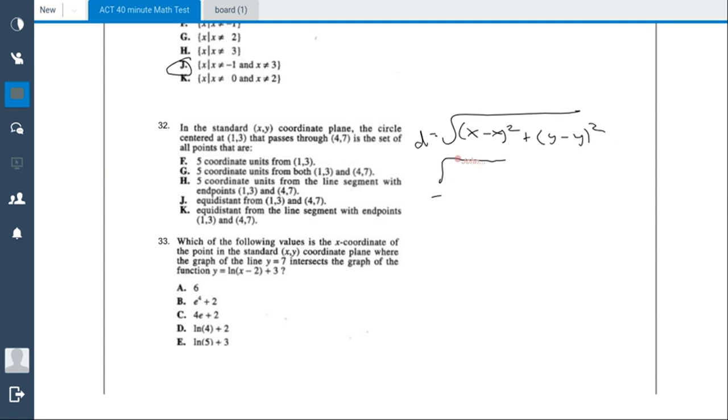And so this would be 4 minus 1 squared plus 7 minus 3 squared. And that would be equal to the square root of 25, which is equal to 5. So that means that the distance would be 5. So the answer is F, because that represents the radius.